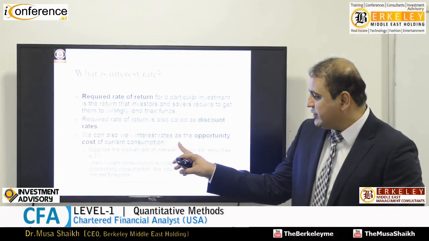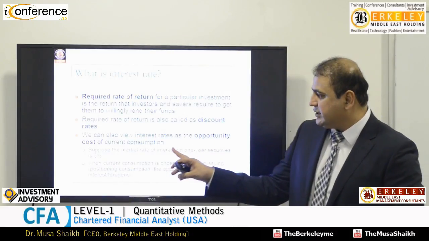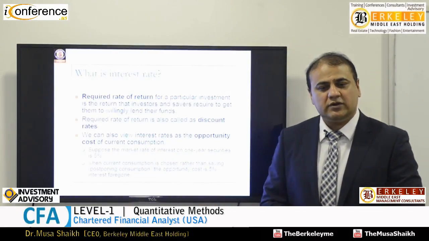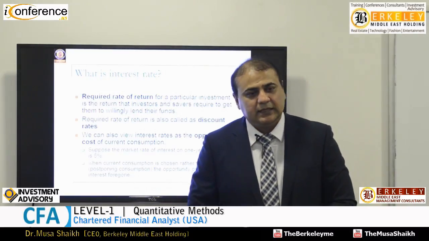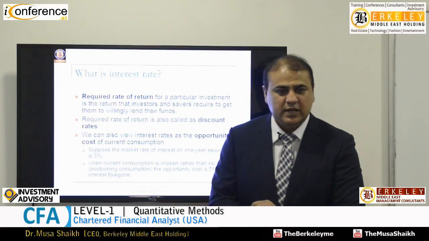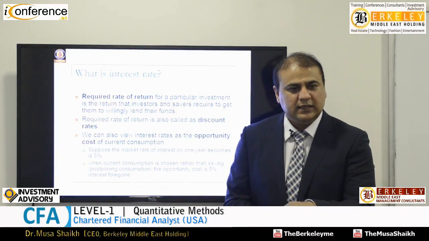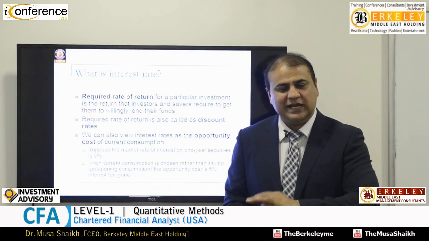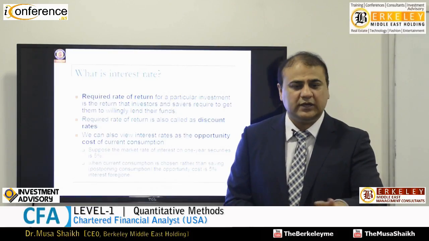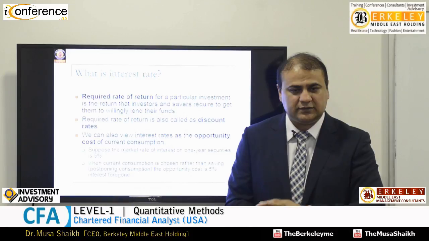We can also view interest rate as the opportunity cost of current consumption. Opportunity cost, which we'll study in economics, is the cost of the next best alternative. Means if you have a land, you make a school and get 5% operating profit. If you make a hospital, for example, you get 7%.